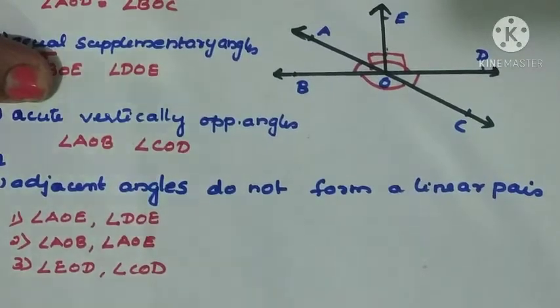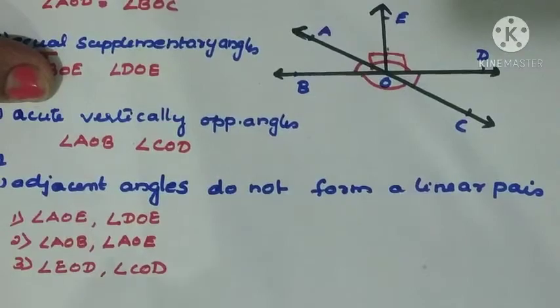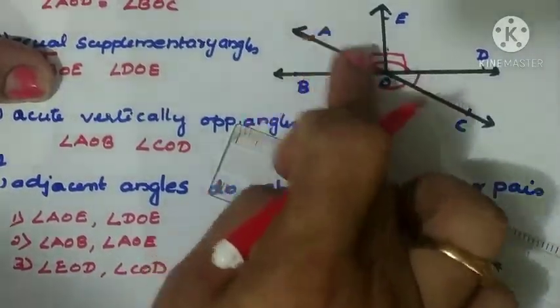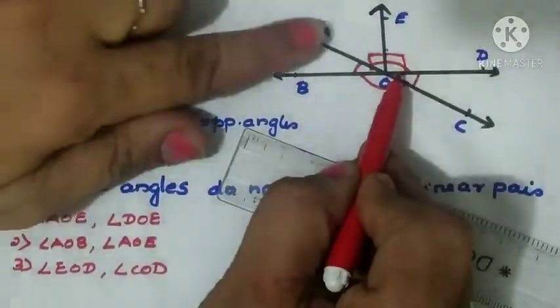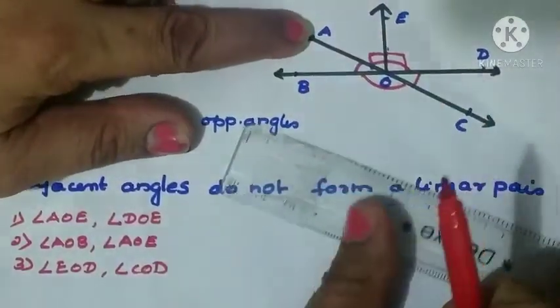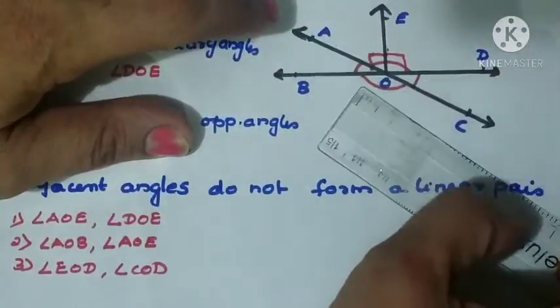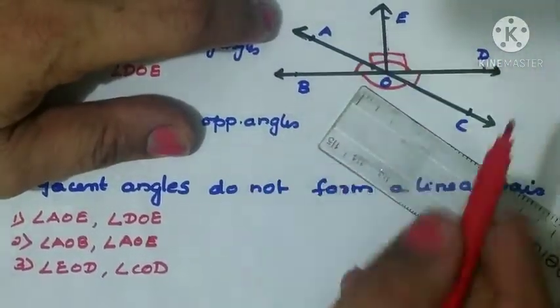The first one I have written is AOE and DOE. Let us check that. AOE starts from here, and DOE. So we are not getting a line here. Like this we get adjacent angles only, but they are not forming a linear pair.